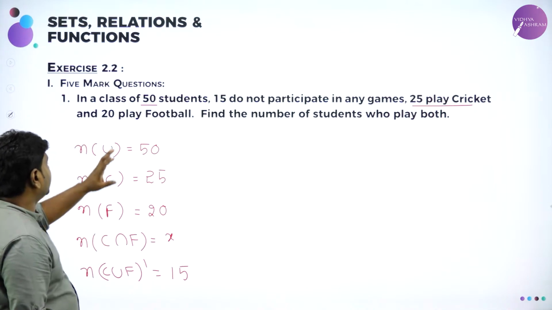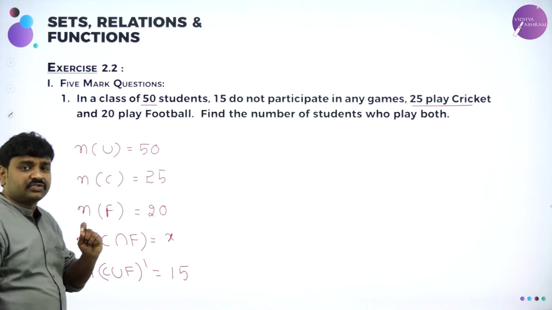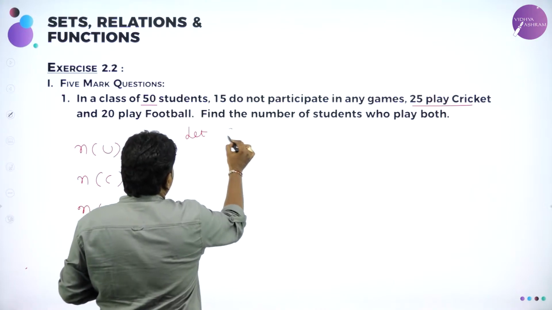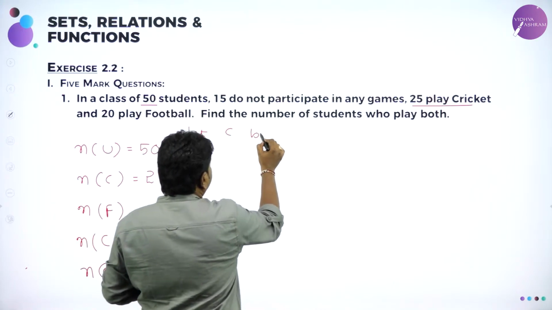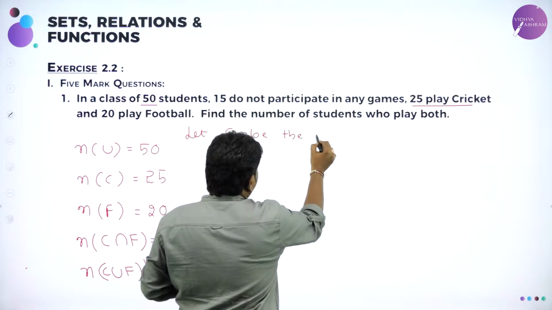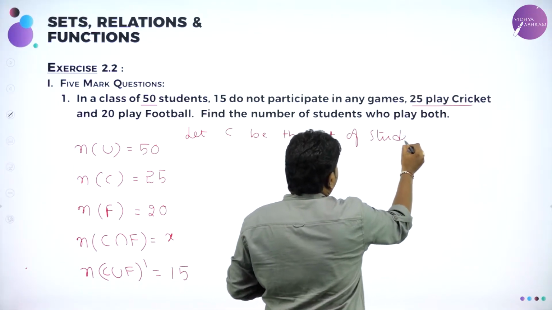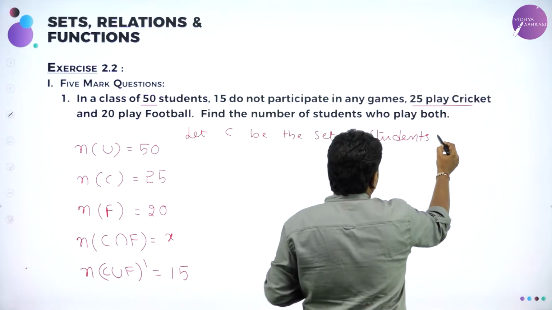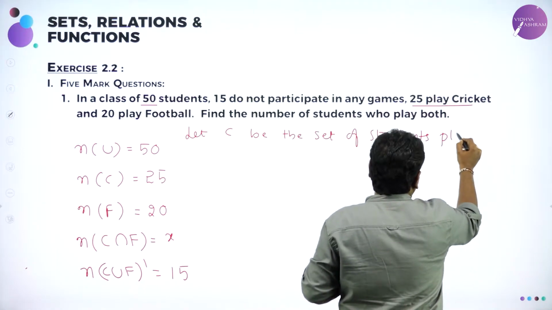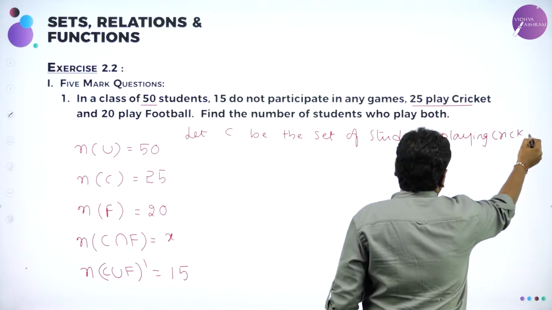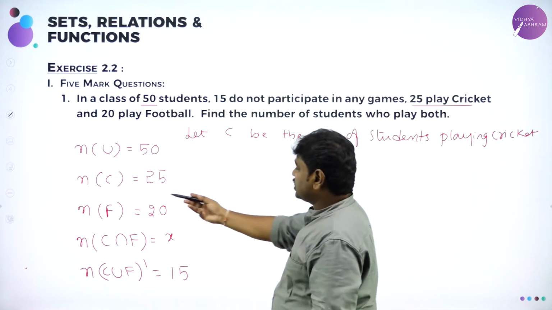And 25 play cricket. So let C be the set of students playing cricket. So first we should symbolize. Similarly, F is what?